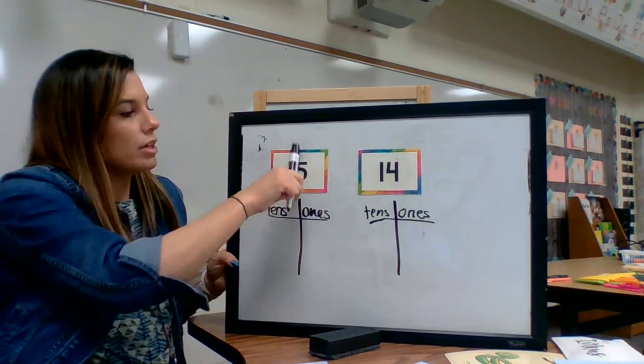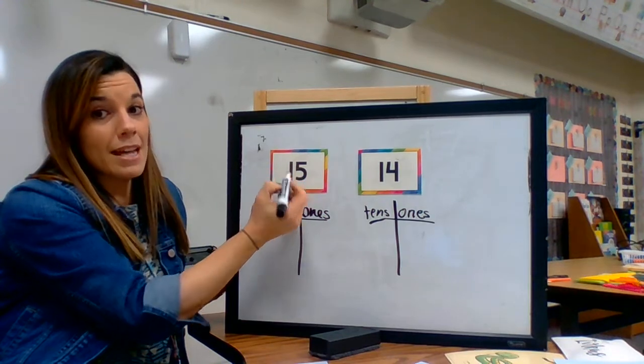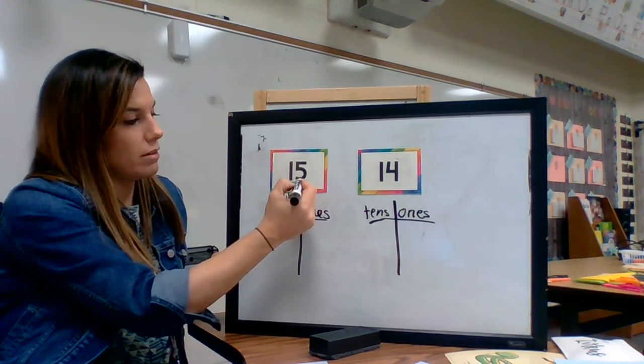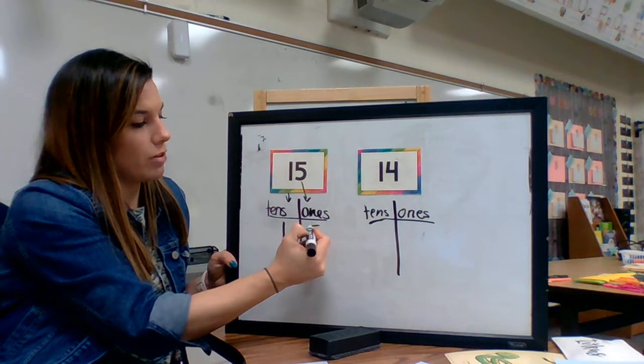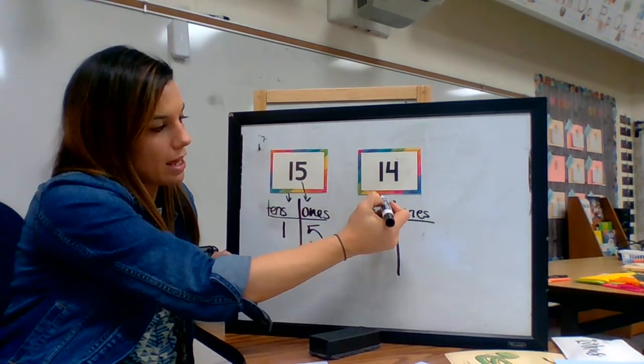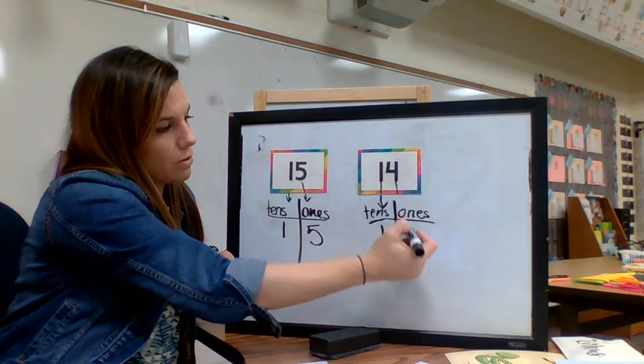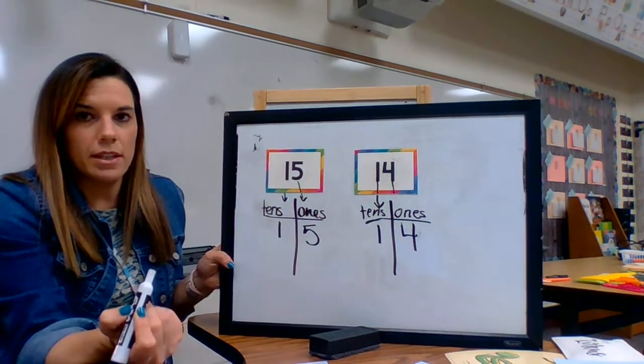So the number 15 has how many groups of 10? One group of 10 and 5 ones. The number 14 has one group of 10 and 4 ones. Do you see how I did that?